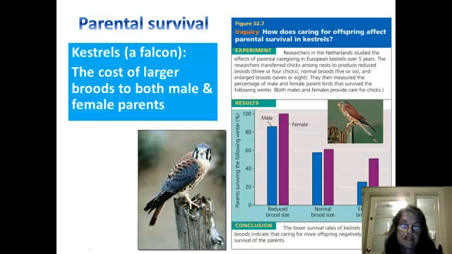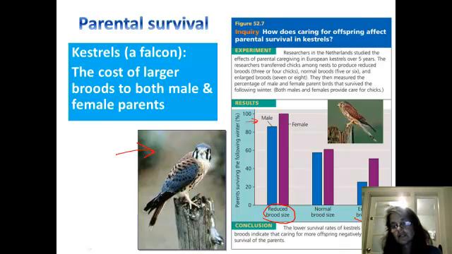For example, this is a type of bird, we do have these around here. It's called an American kestrel. It's our tiniest little falcon. As you can see, if the brood size or the number of babies they have at a time is reduced, then we see that the parents survive very, very well. They don't have as many babies to take care of, and the parents survive well.